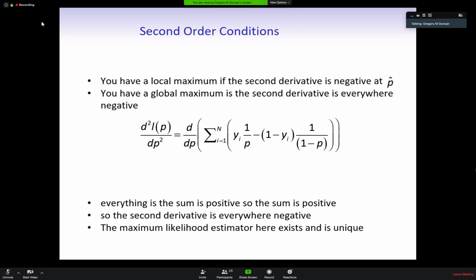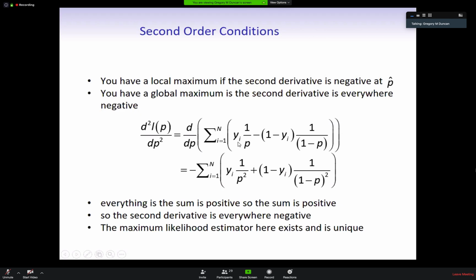Okay, so you have a local maximum if the second derivative is negative at p hat. You have a global maximum if this second derivative is negative everywhere. Let's see if I have the next term in there. Yes. Okay. So if you take that second derivative, you have a minus, and I want you to work this out yourself.